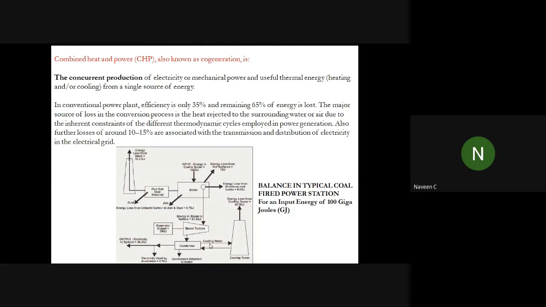That's why CHP, combined heat and power, is used in refineries and in district cooling or district heating processes, where you require thermal energy, where you require a thermal load. A refinery definitely requires it for the distillation process, so you equally need electricity and thermal output.